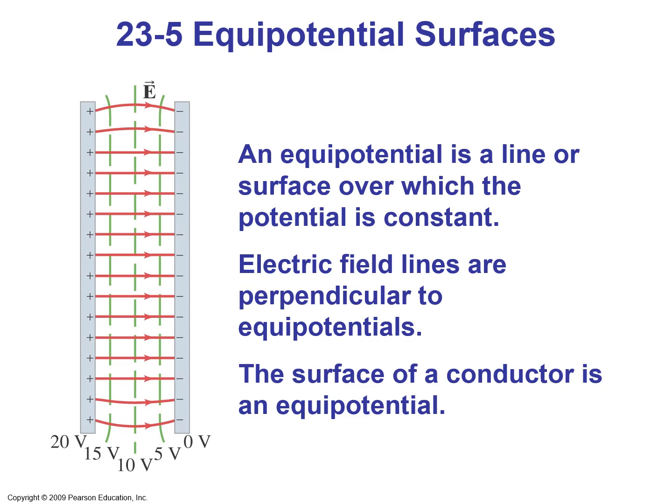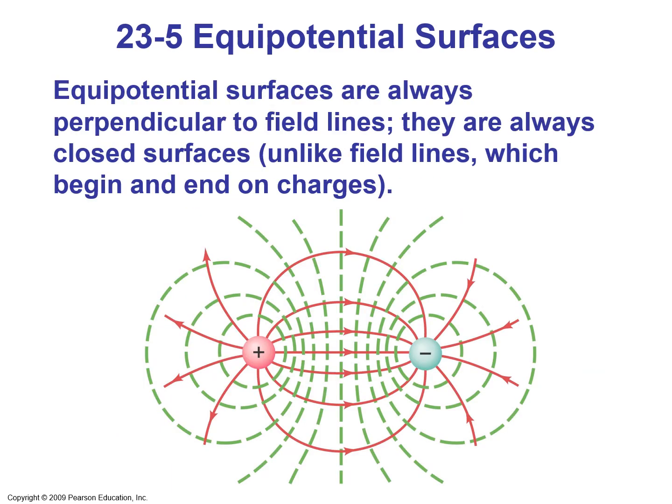So here, for example, we have 0 potential on the negative plane, and we are increasing the potential, 5 volts, 10 volts, 15 volts, all the way to the positive plane. The green dashed lines represent the equipotential surfaces and lines. Equipotential surfaces are always perpendicular to field lines. They are always closed surfaces, unlike field lines which begin and end on charges.